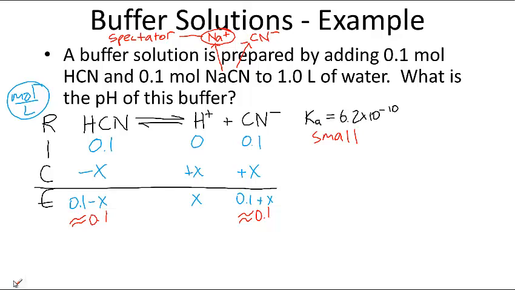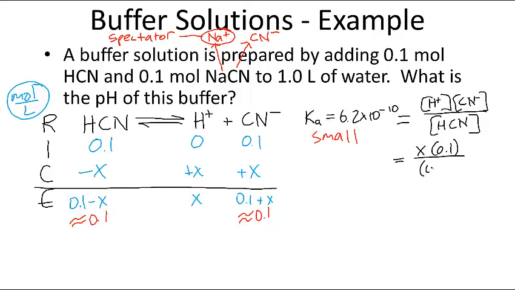So now I get Ka equals, remember, concentration of H+ times concentration of CN- over concentration of HCN, which is going to equal x times 0.1 divided by 0.1. Well, I think I can do that math in my head. 6.2 times 10 to the negative 10th equals x.